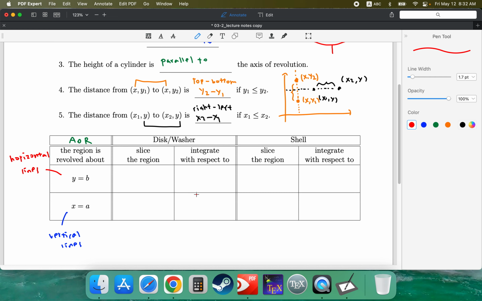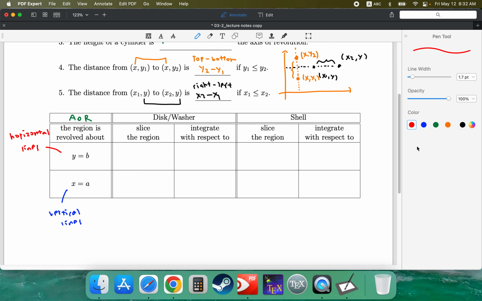So let's draw a picture below. Let's say we have this strange region. If I want to rotate this region about the line y equals b, which is a horizontal line, and we want to use the disc or the washer method, then we need to slice the region vertically.